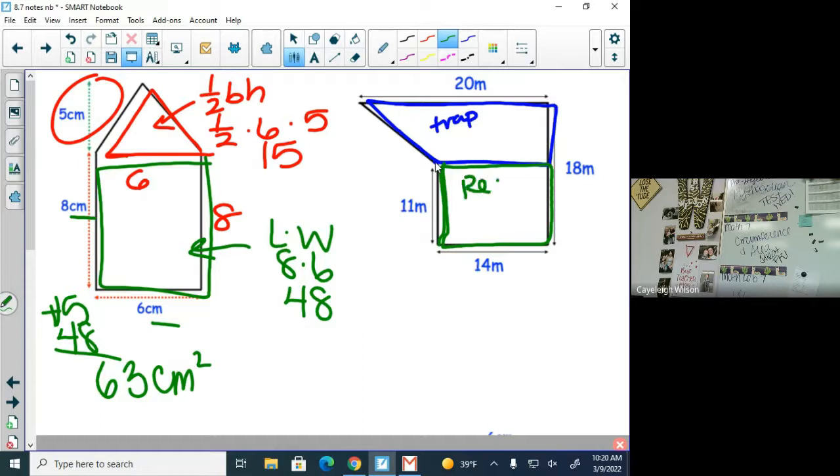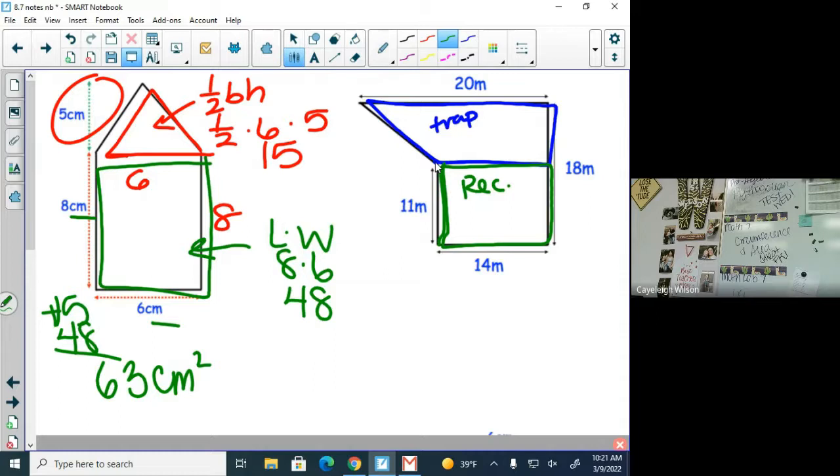So a trapezoid is either one triangle or two triangles glued on a rectangle, so it could be one or two. If you want to cut this again, you could actually cut this into 3 shapes. You could put another line here, have a triangle, rectangle, rectangle, and it would still come out the same.